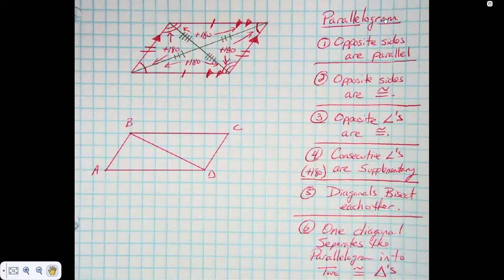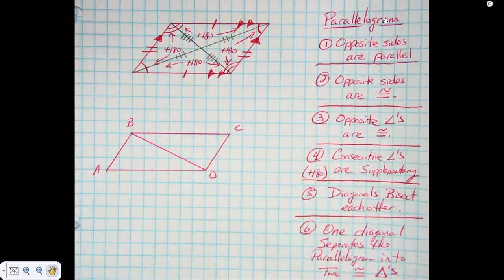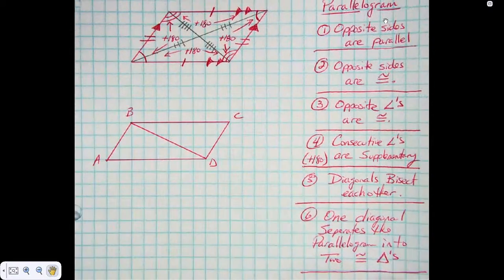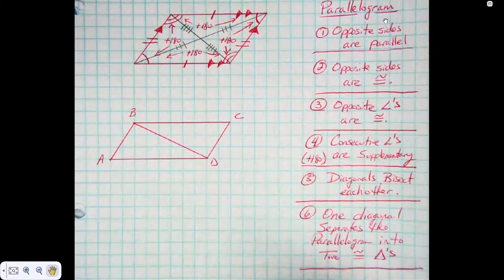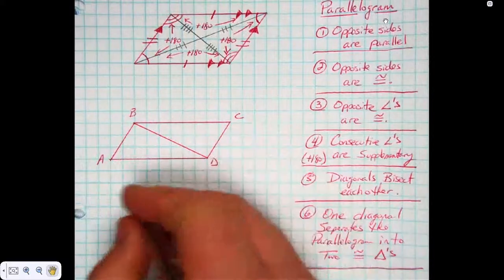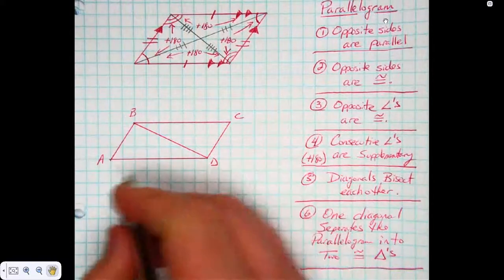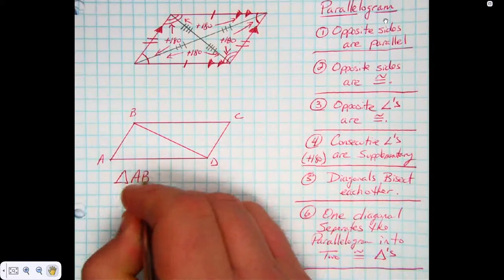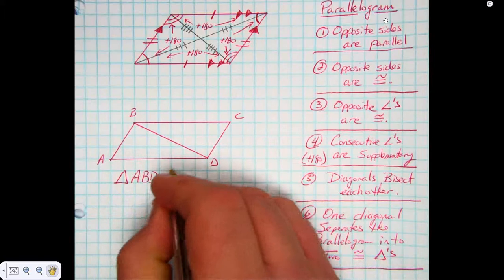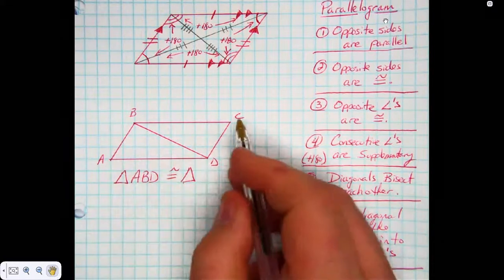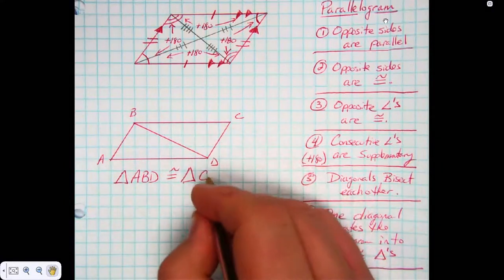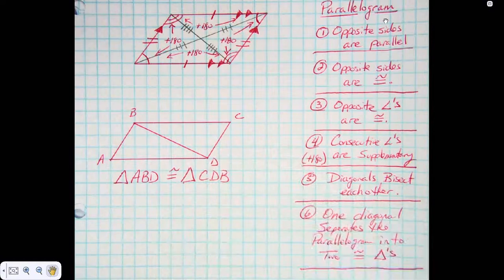It separates it into what? 2 congruent what? So what triangles would be congruent? Let's see, triangle ABD would be congruent to triangle CDB. That's what that one's saying.